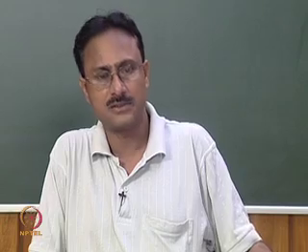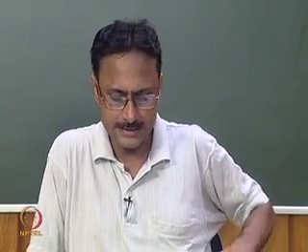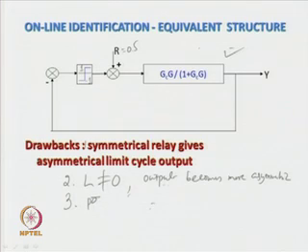Identification is subjected to inaccuracy, resulting in poor control performances. Why are we getting poor control performances? Because we are not able to get the exact dynamics or true dynamics of the plant or process.